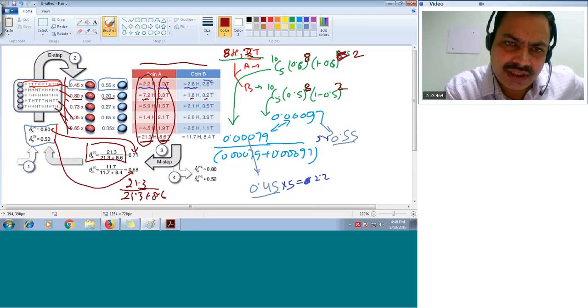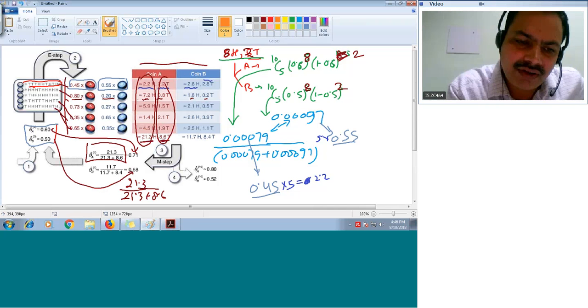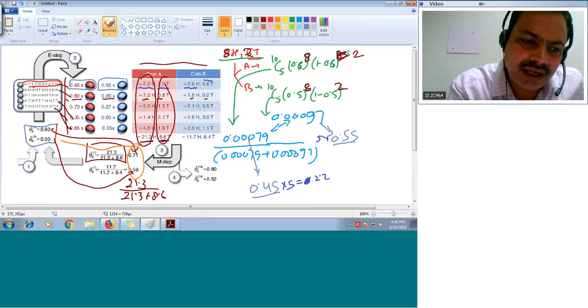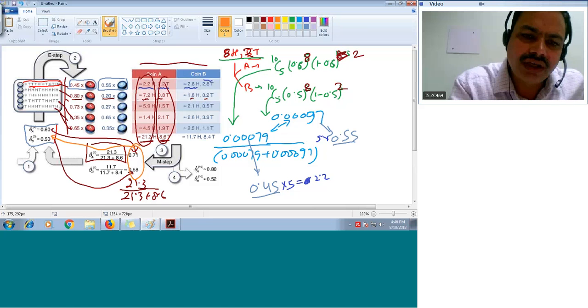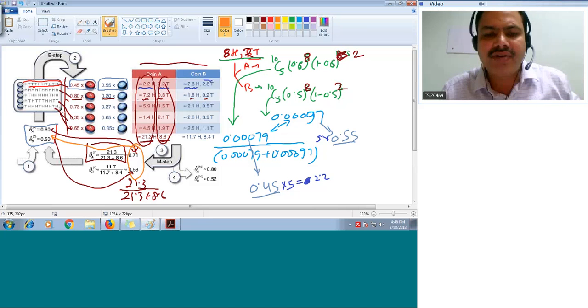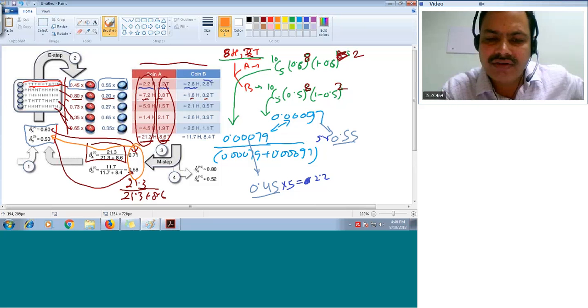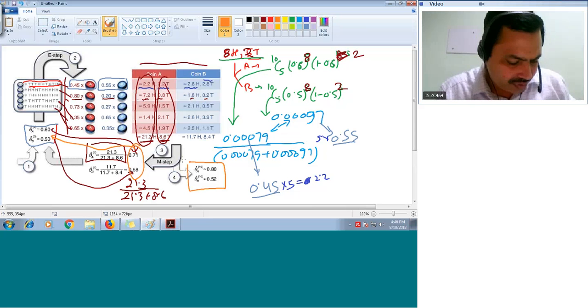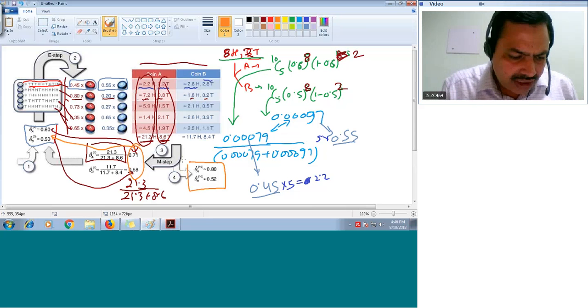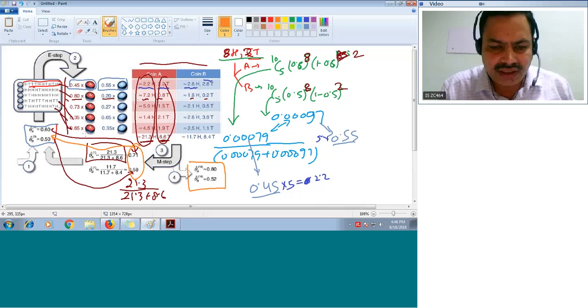With this change in probabilities, you use these values over here and again do the same operation multiple times. If you do this enough number of times, you reach the probabilities 0.80 and 0.52. So this is how expectation maximization works.